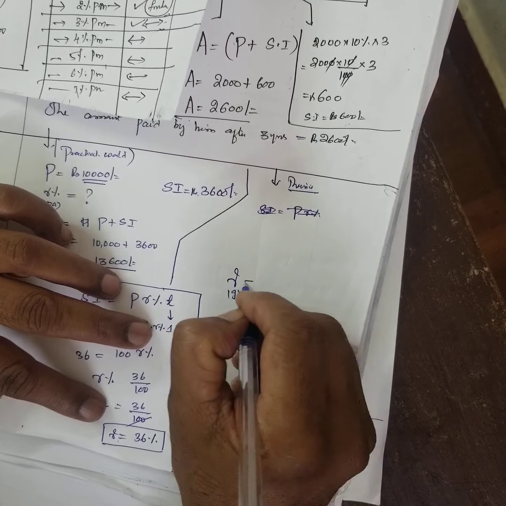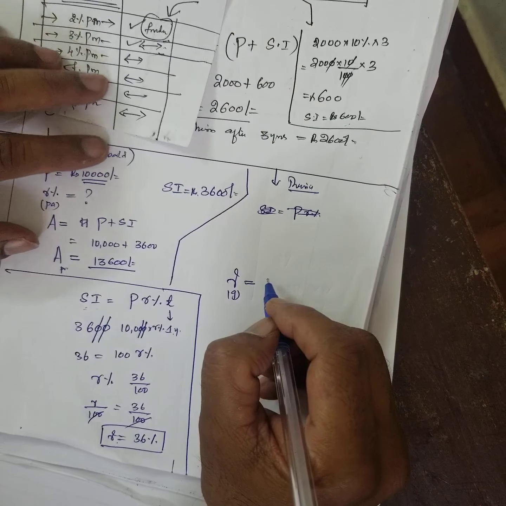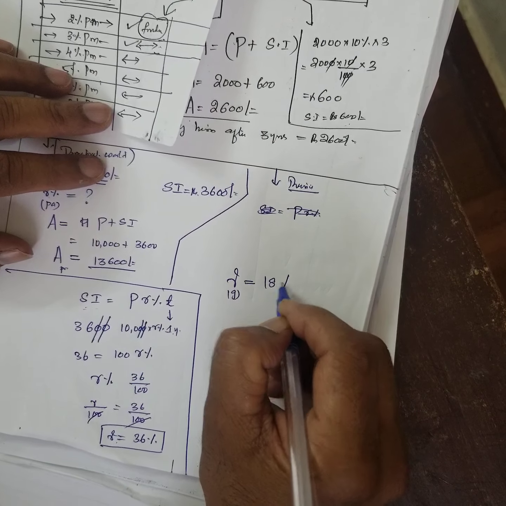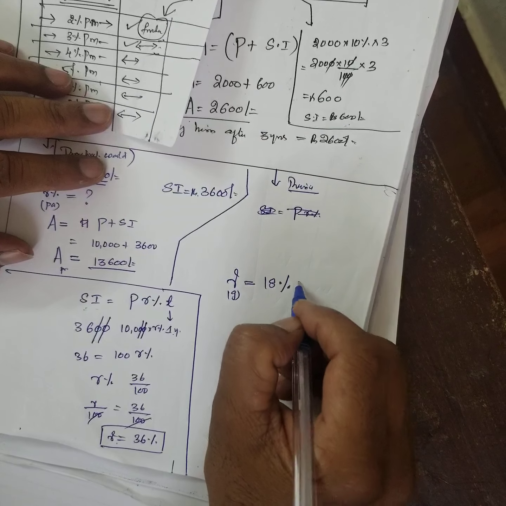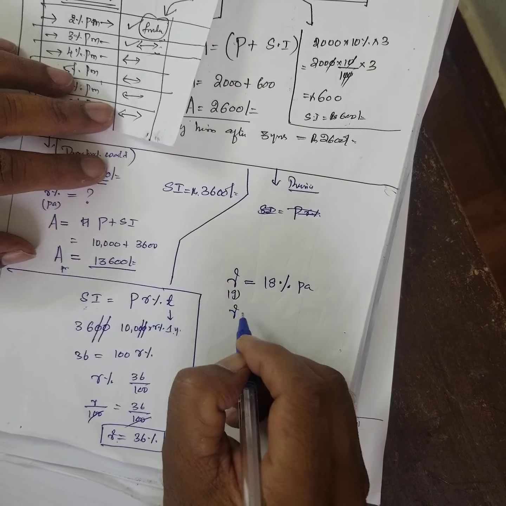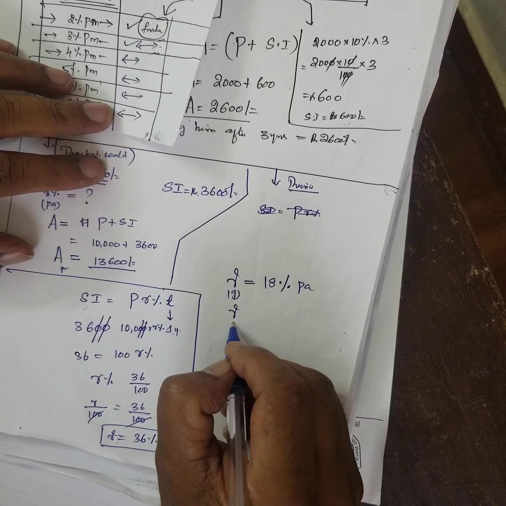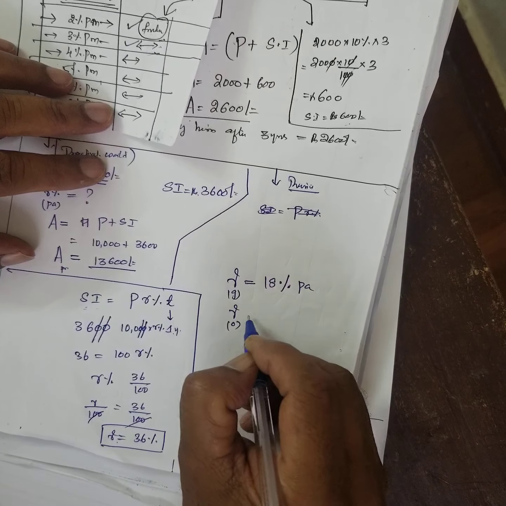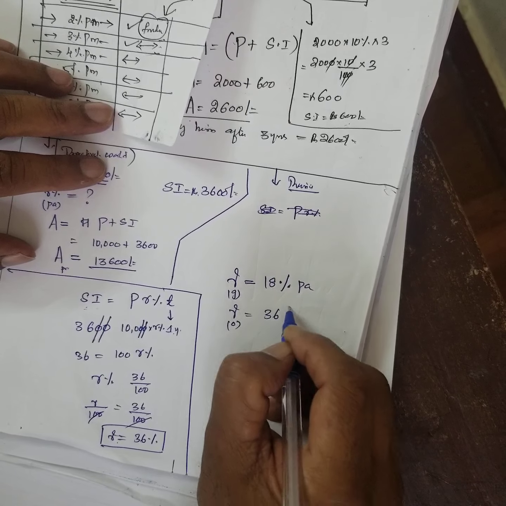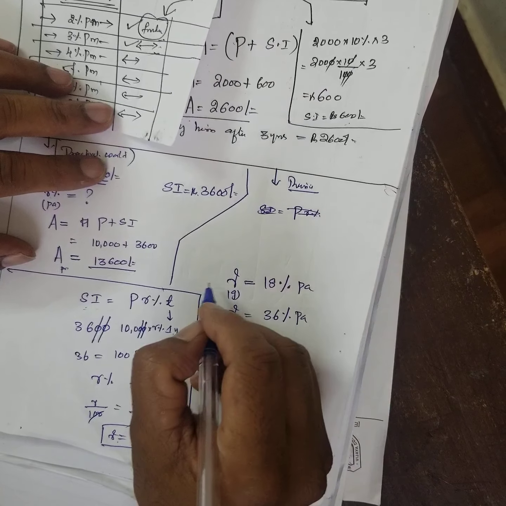Government is how much? Government is 18% per annum. But rate of interest by outside world is 36%. It is almost double.